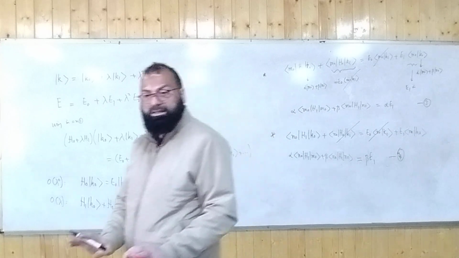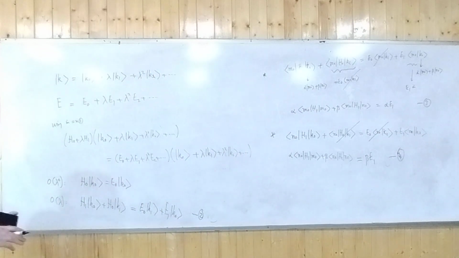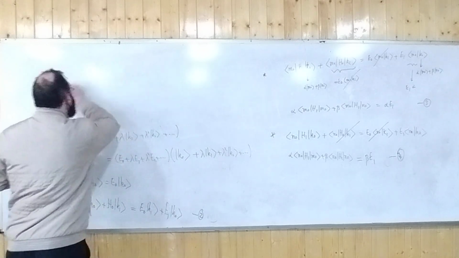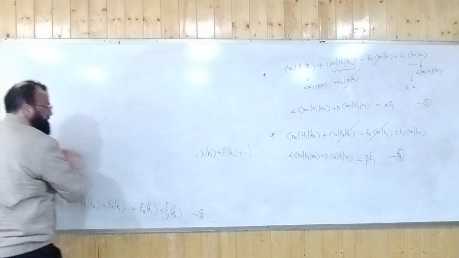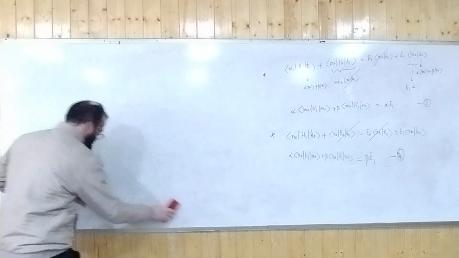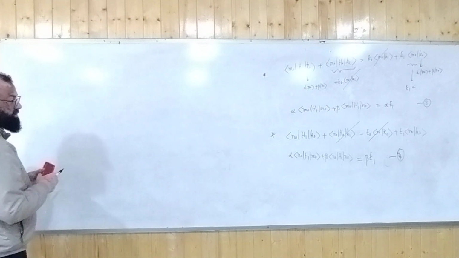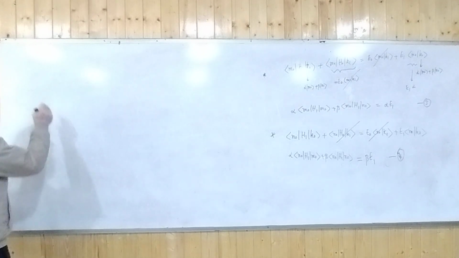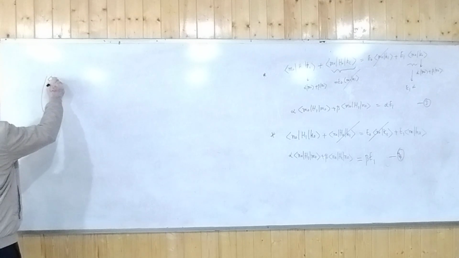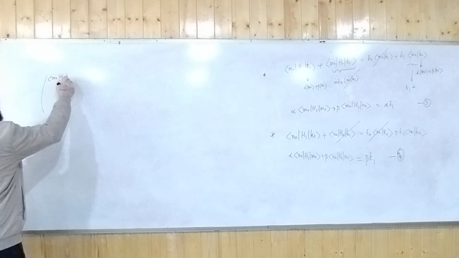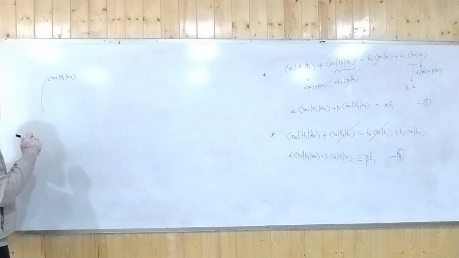Everybody followed it? Any problem? Good. So now let's rewrite equations 3 and 4 in the following fashion. I can write 3 and 4 this way. So let me write this as m0 H1 m0. How many states are available?